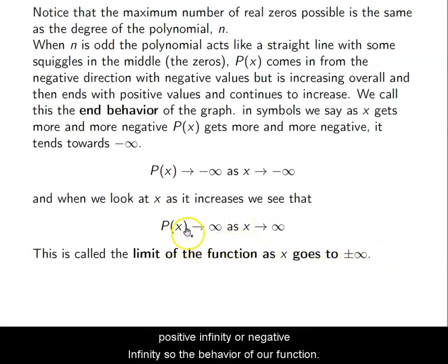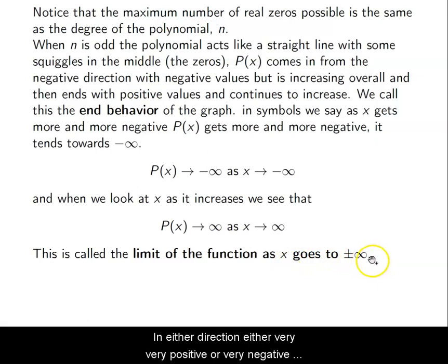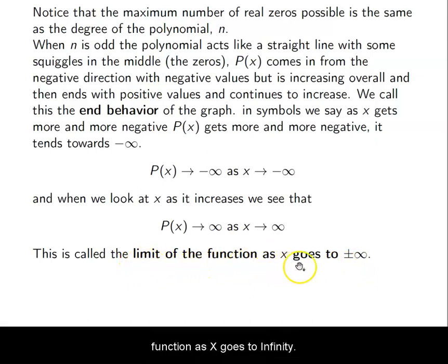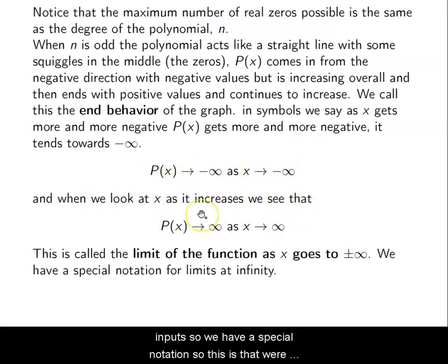So the behavior of our function as x becomes large in either direction, either very, very positive or very, very negative, we call the limit of the function. The limit of the function as x goes to infinity or to negative infinity is the end behavior of our function. So it is what our function does as we go to either extreme for our inputs.